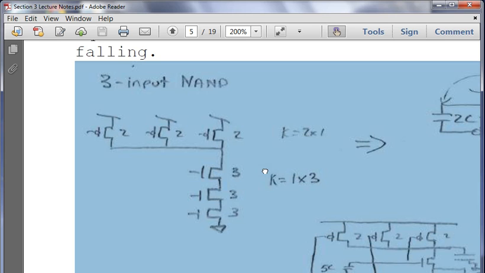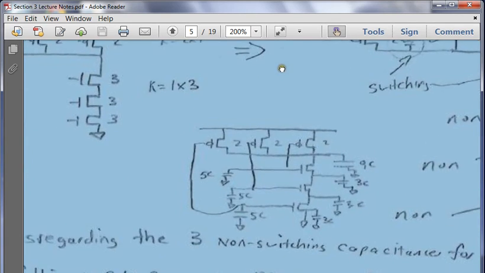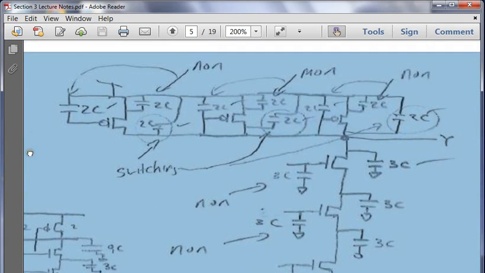The next step is going to be this step, and then I'll show you how I get down here in a second. Replacing all of these, I've shown you which ones are switching and which ones are not switching. Here, this one ties from the input to VDD.